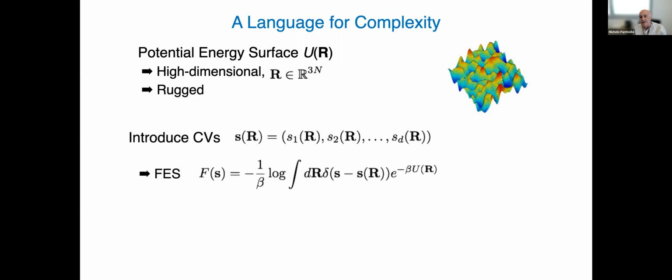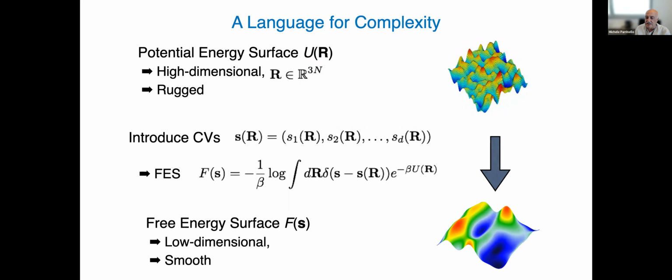So to make sense of this and to focus on one or more of the events that we want to study, we introduce the CV, the collective variable, and the concept of free energy. So collective variable and free energy are associated, and the result of this is that we go from a very complicated potential energy surface into a smooth, low-dimensional free energy surface.